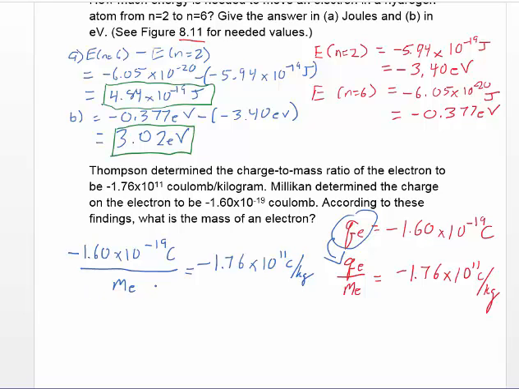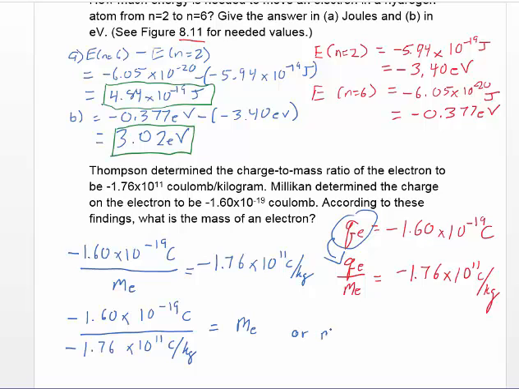Now we want to solve this for the mass of the electron, so we can multiply both sides by the mass of the electron and divide both sides by this value. That gives us negative 1.60 times 10 to the minus 19th coulombs divided by negative 1.76 times 10 to the 11th coulombs per kilogram is equal to the mass of the electron.